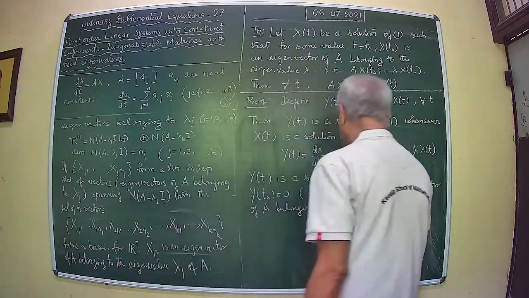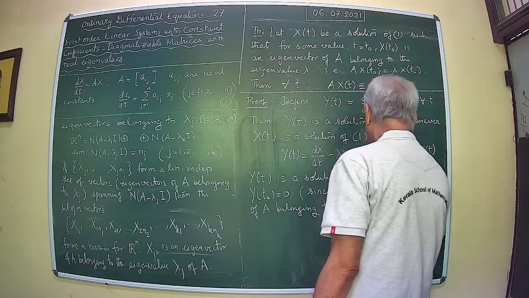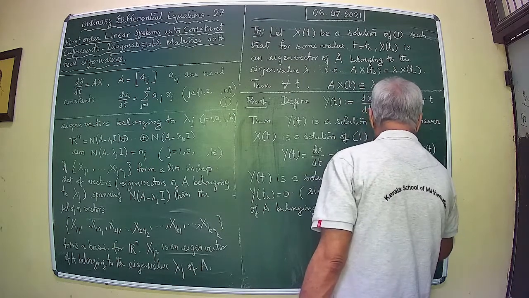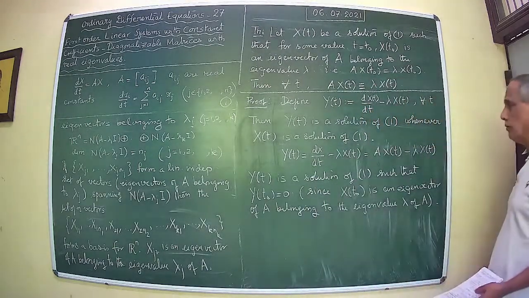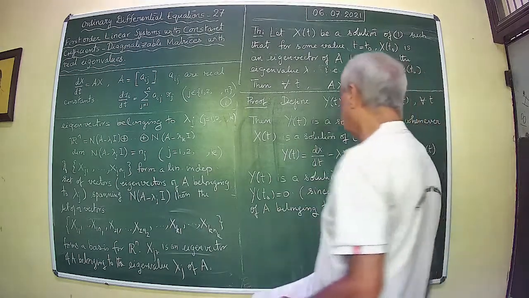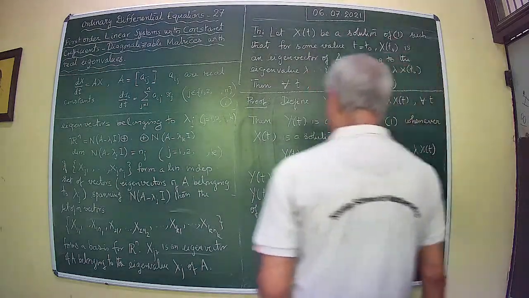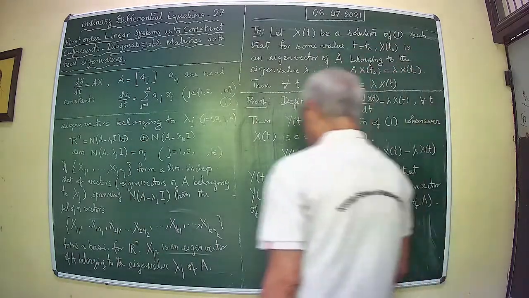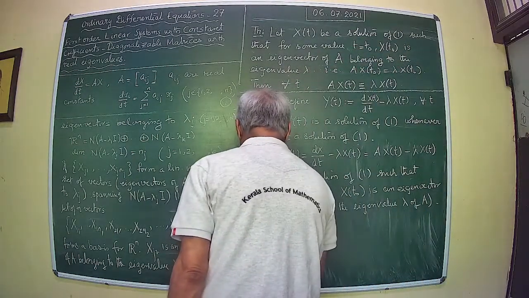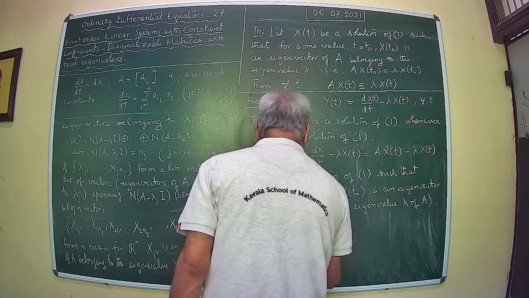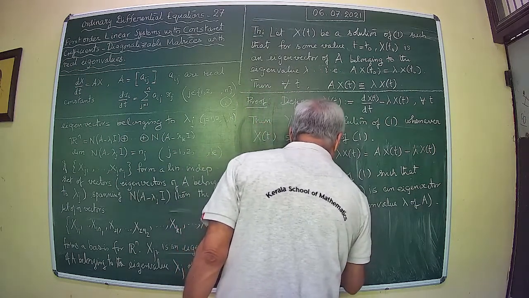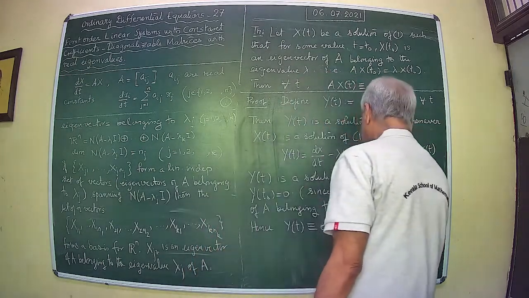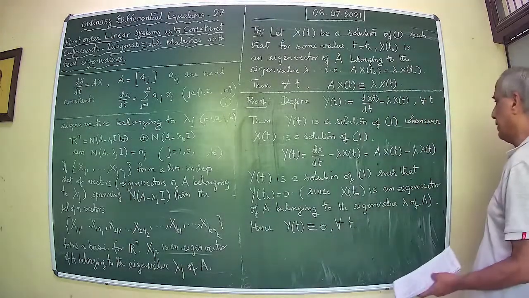To the eigenvalue, therefore y(t naught) is equal to 0. So y(t) is a solution of (1) such that y(t naught) is the 0 vector. Hence y(t) is 0 for every t. And what does that mean?